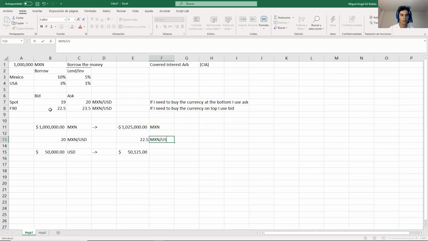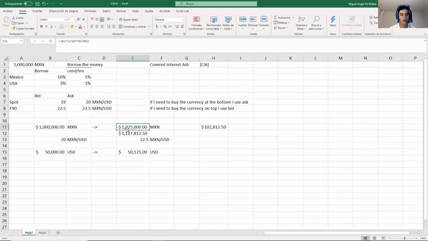This is pesos over dollar. And finally, multiply or divide? Because I have dollars on top and dollars at the bottom, I need to multiply. So it will be this times this. And finally, I only have to add up the two amounts. I am adding up because I have a minus here. If you didn't have the minus, you should subtract. And this difference is the profit.